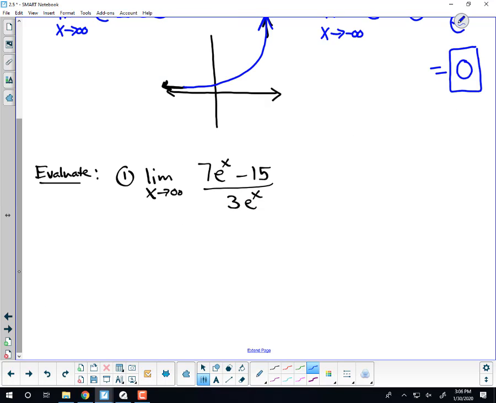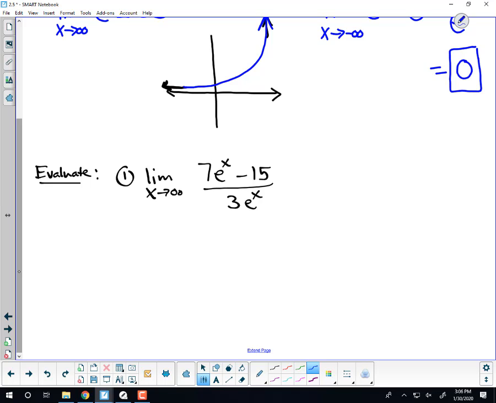And so, in practice, sometimes we can look at a combination of exponential functions and ask the limit at infinity on 7e to the x minus 15 over 3e to the x. What would that be? Zero? What do y'all think? So in order for that to be 0, the top has to be fixed at some number, and the bottom has to be getting larger and larger.